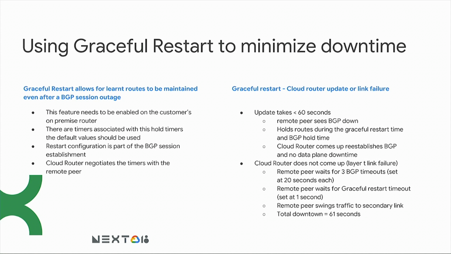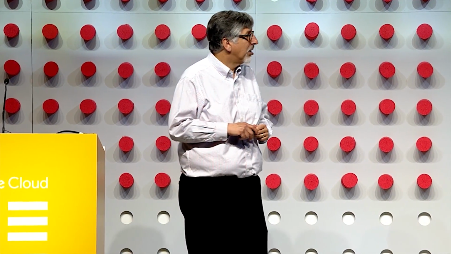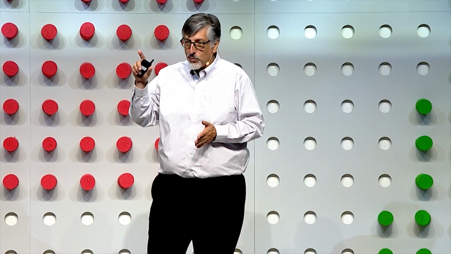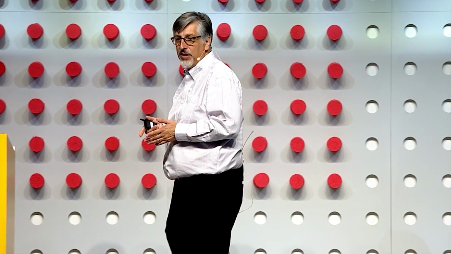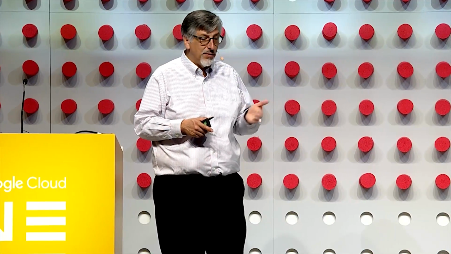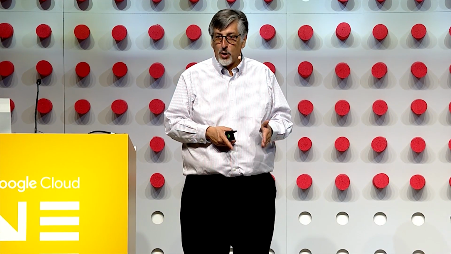Our recommendation is, and by the way, there's a lot of documentation on this on our website, as well as sample CLIs for both Juniper and Cisco gear on how you set all of this up to take advantage of our recommended configuration. The recommendation is to just turn on Graceful Restart, but do not use any of the modifiers for Graceful Restart. And what that will do is give you a connection that has about 61 seconds of failover time.